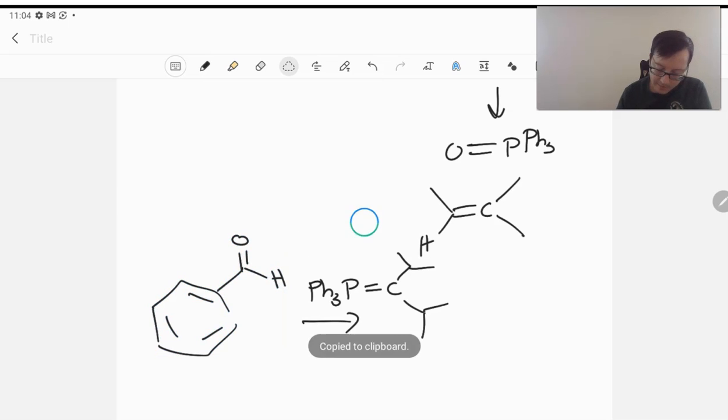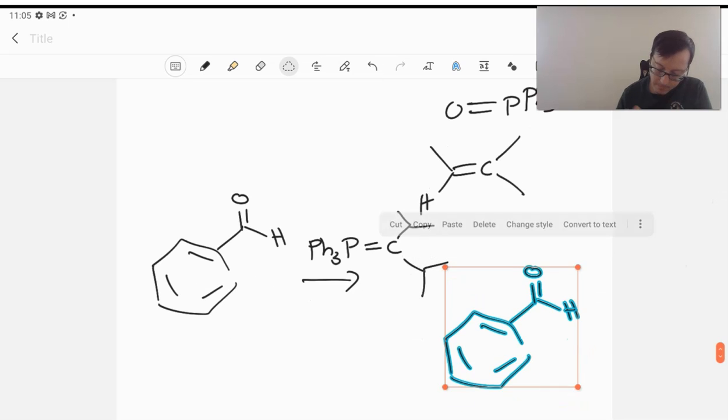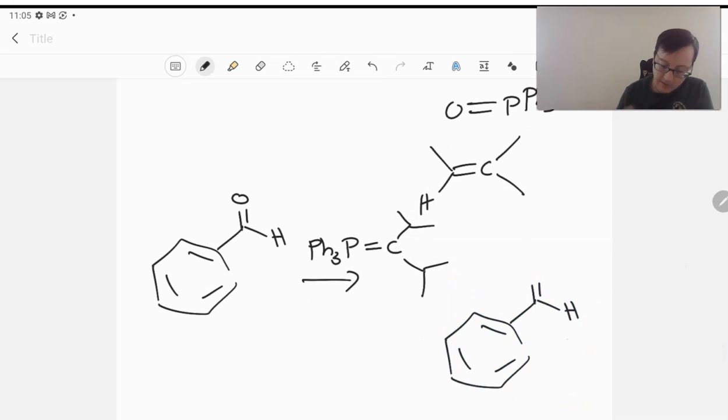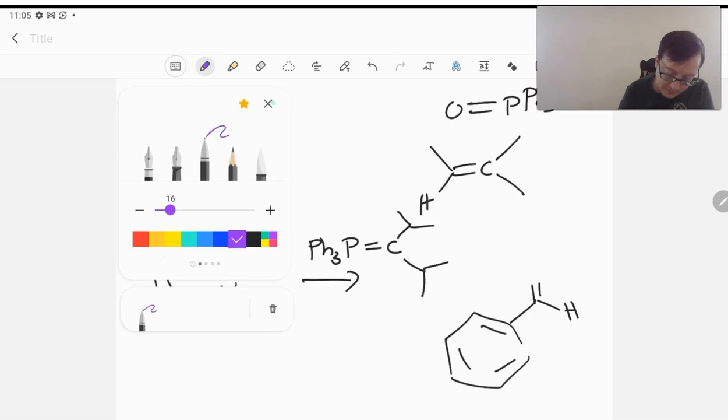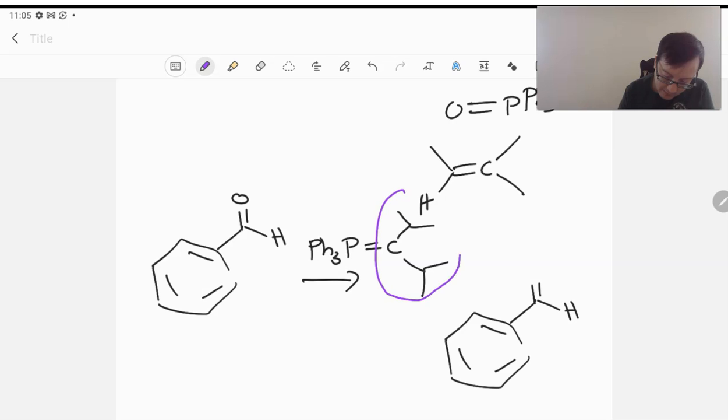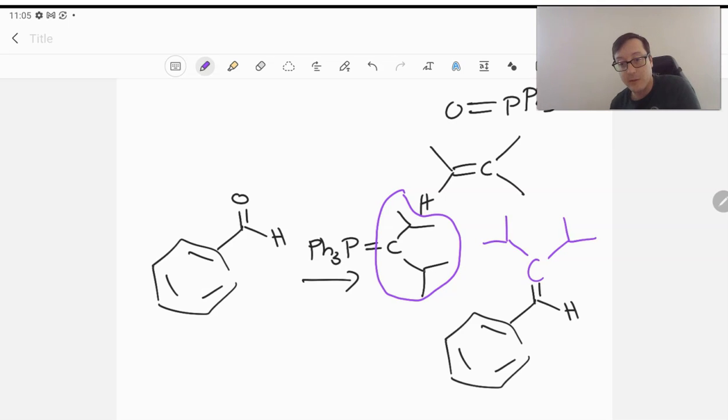So I can copy paste it, and we just erase the oxygen, and we put all the stuff that was on our phosphorus. So that now all goes right here. And I'm explicitly drawing in the carbon so we see that it is now a carbon there.